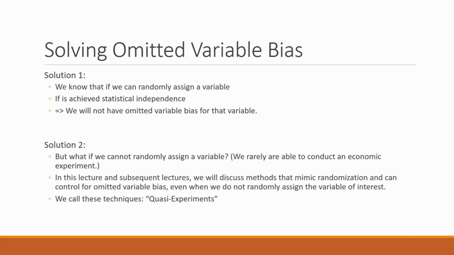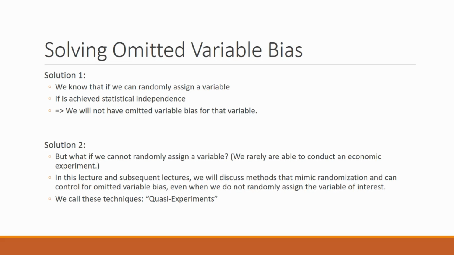Solution number 1 that we talked about in the last lecture was if we randomly assigned that variable of interest. We randomly assigned x1. Some people got x1 and some people didn't. So we randomly determined who received x1 and who didn't. If we can randomly assign it, then that x1 variable, that variable that we're interested in, will be statistically independent.